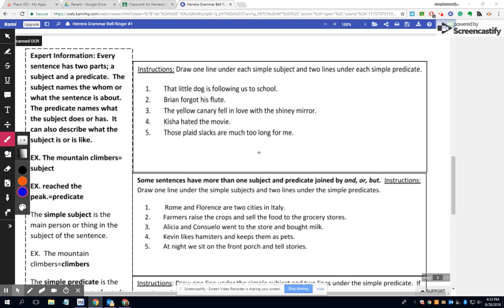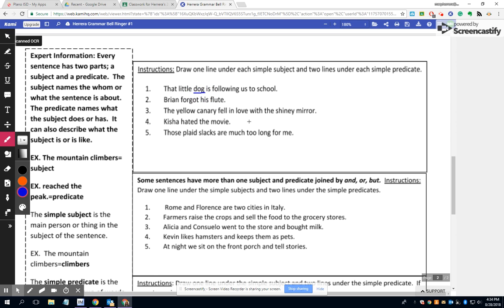Okay, so if we look at sentence one, "That little dog is following us to school." Well, we know that the subject is the little dog. So the simple subject is one word in this case, dog.